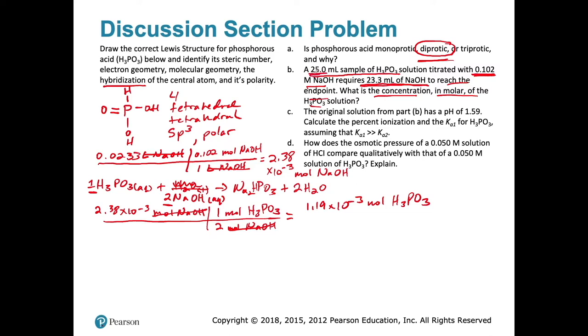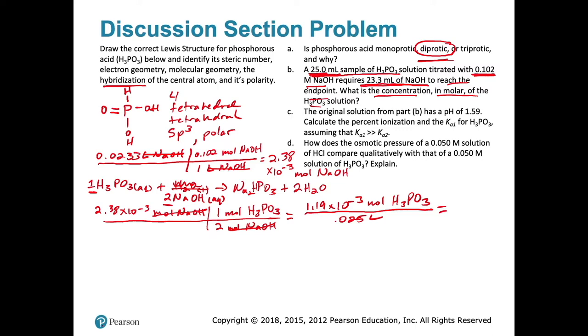It is a 25 mil sample of phosphorus acid. So you see how you had to pull out 3 or 4 different numbers from that problem, right? So at the very beginning of the problem, it said there's 25 mils, and then concentration is always number of moles over liters, so you can divide all that by 0.025 liters, and that gives you the concentration you're looking for.